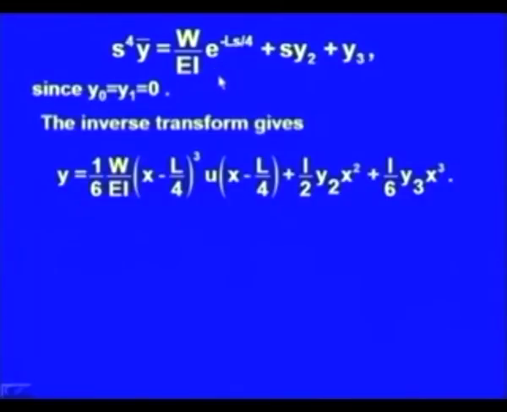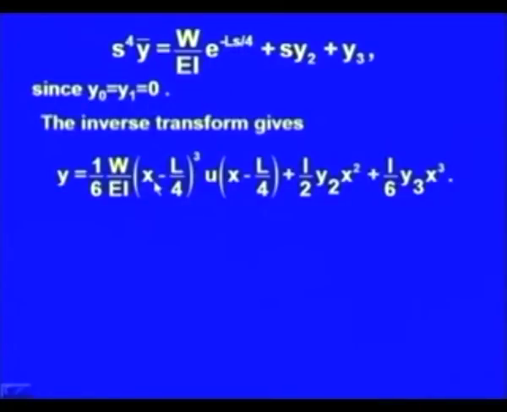Now, we know that the inverse Laplace transform of 1 over s to the power 4 is t to the power 3 over 3 factorial, that is 6. So, t cube over 6 is the inverse Laplace transform of 1 by s to the power 4, but here we will have to make use of the second shifting theorem, because we have to find the inverse Laplace transform of e to the power minus Ls by 4 over s to the power 4. So, we get a here as L by 4.